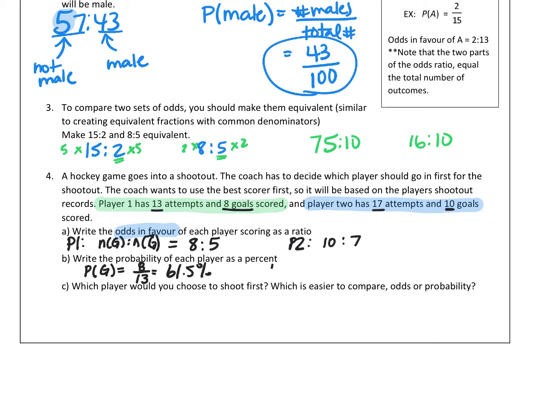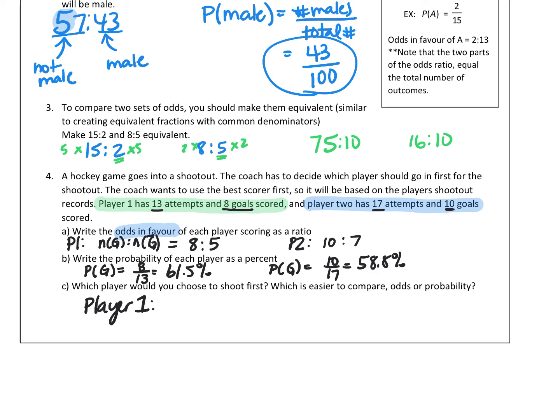The probability of player 2 getting a goal is 10 out of 17. When I write that as a percentage, 10 divided by 17 times 100 gives me 58.8%. Which player would you choose to shoot first? I would probably choose player 1, because they have a higher probability.